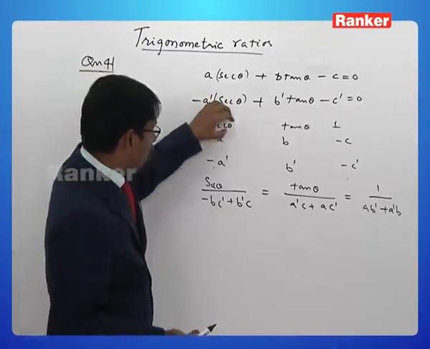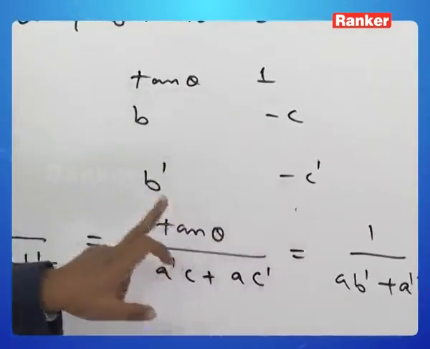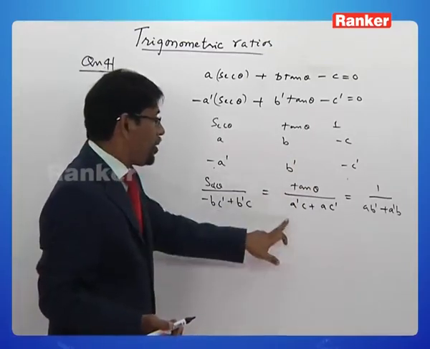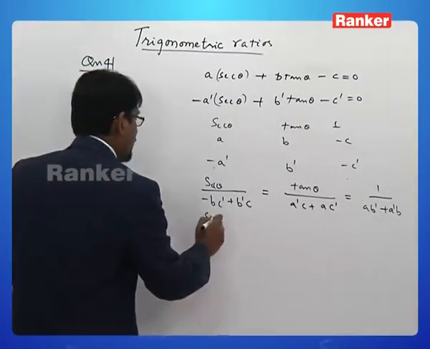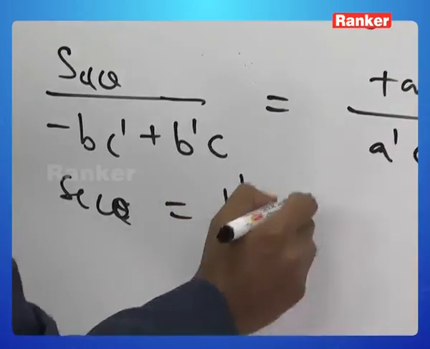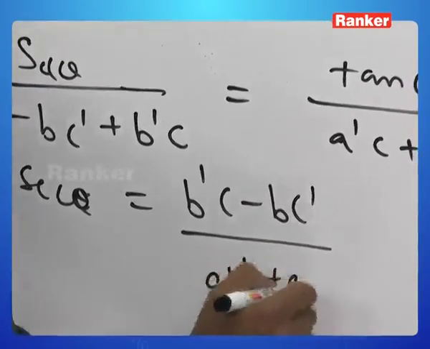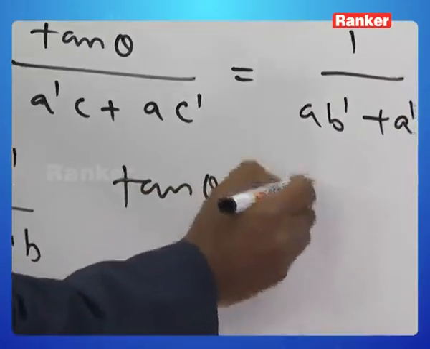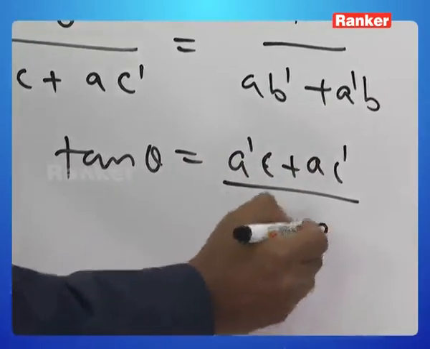Secant theta, when I am writing secant theta by minus bc dash, minus of minus, so I will get plus b dash c. Tan theta upon a dash c plus ac dash, 1 upon this. So secant theta will be b dash c minus bc dash divided by ab dash plus a dash b. Tan theta will be a dash c plus ac dash by ab dash plus a dash b.